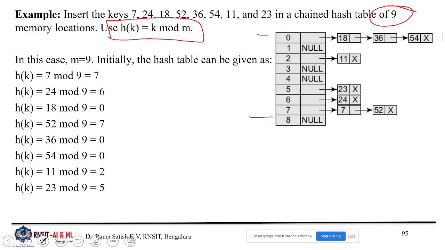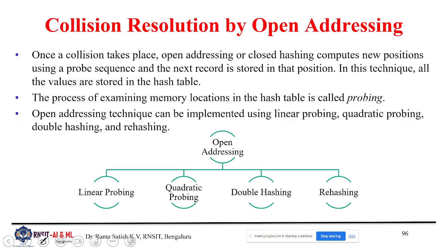So in order to avoid this null value storage in the hash table, we go for open addressing. In open addressing, there are 4 types: one is linear probing, the second one is quadratic probing, third one is double hashing, and the last one is rehashing.